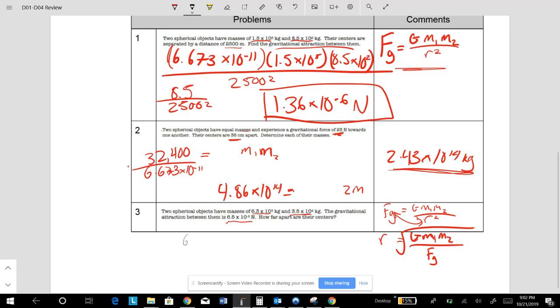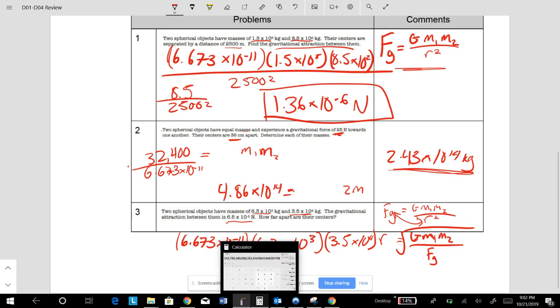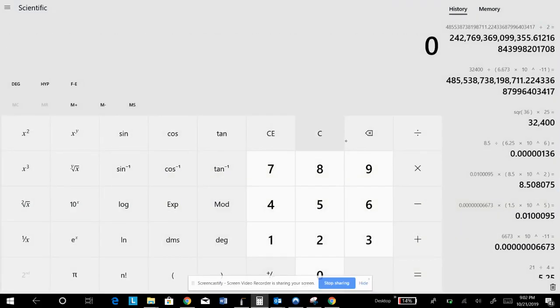It's going to be 6.673 times 10 to the negative 11. I know that my first mass is 6.3 times 10 to the third. And then I also know that my second mass is 3.5 times 10 to the fourth. So let's just start with there and solve all that so we can get our standard number on top. So we're going to, it should be 6.673 times 10 to the negative 11th.